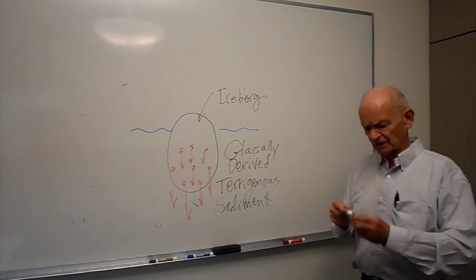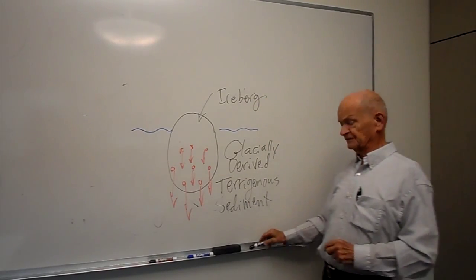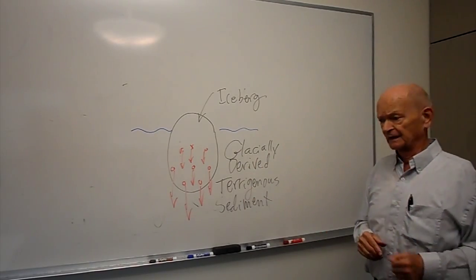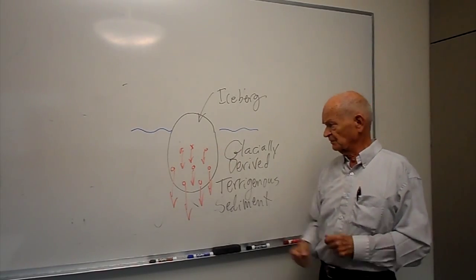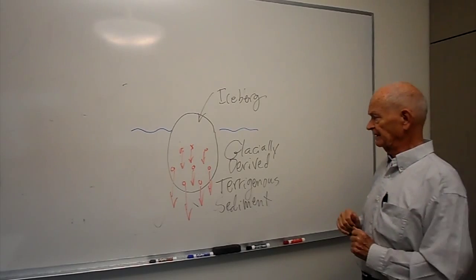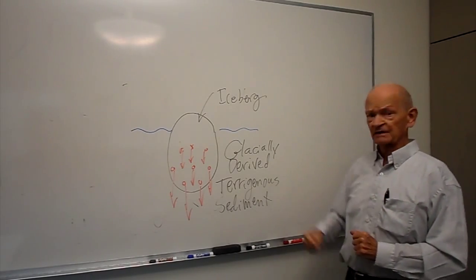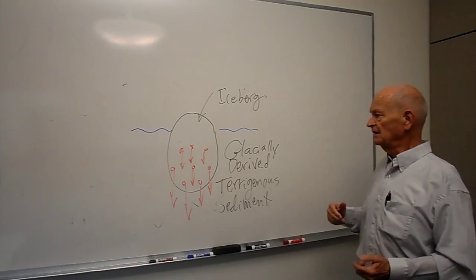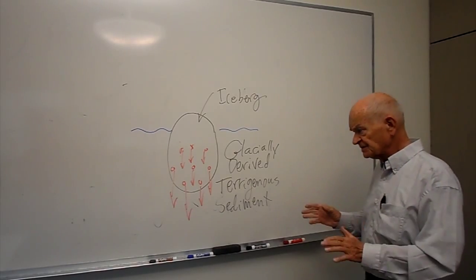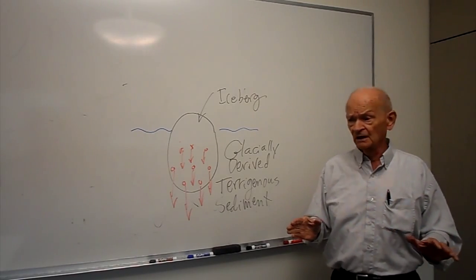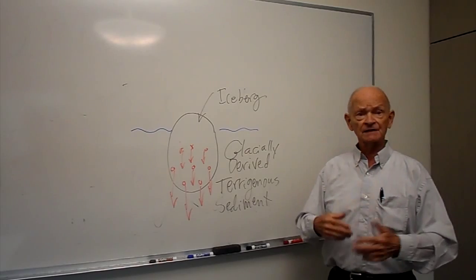And this can be carried during an ice age when there's a great deal of ice on the land and a great number of icebergs breaking loose and drifting out into the oceans. This material can be carried thousands of miles away from the coast. And in addition, they give us a pretty good record of what was going on during that ice age.